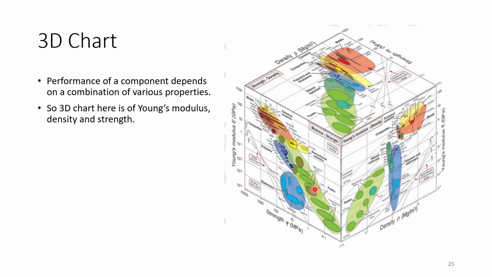In case of 3D chart, you will be having three different properties plotted on three different axes. So it is performance of a component depending on the combination of various properties. So the 3D chart here is of Young's modulus, density and strength.